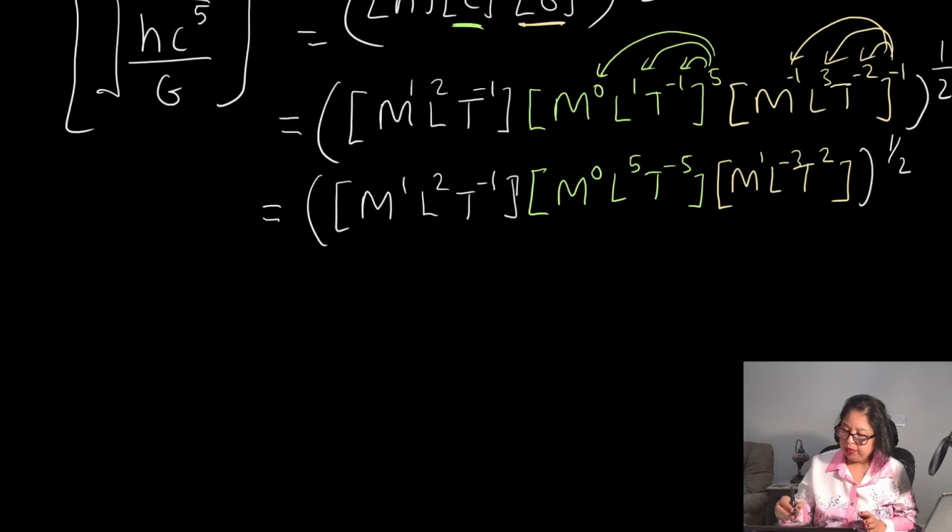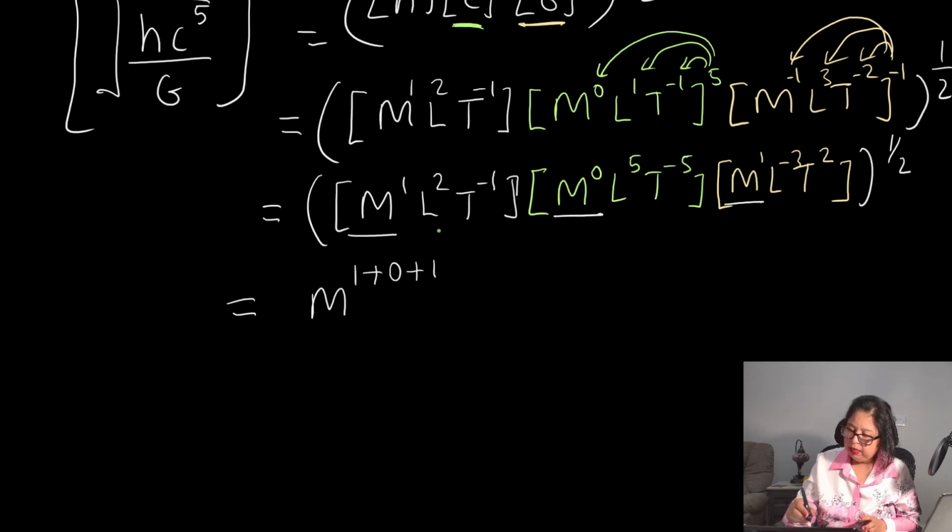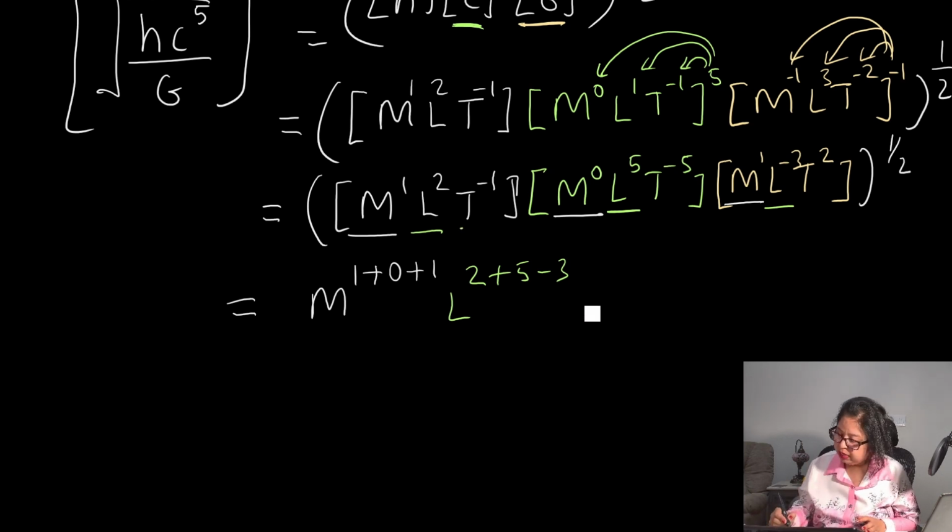Okay. Now what I'm going to do is, let's combine this M1 plus this M0 and this M1. Next I have L to the power 2, L to the power 5, L to the power minus 3. Last, T, not L. I already did L. T to the power minus 1, minus 5, plus 2.